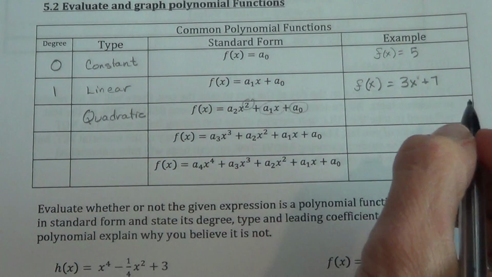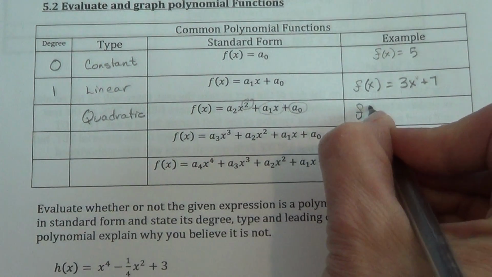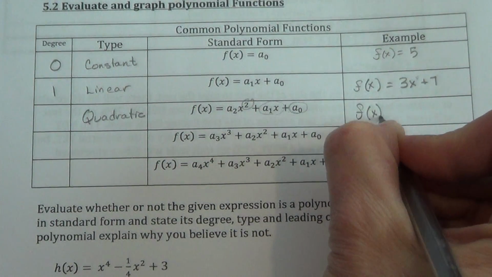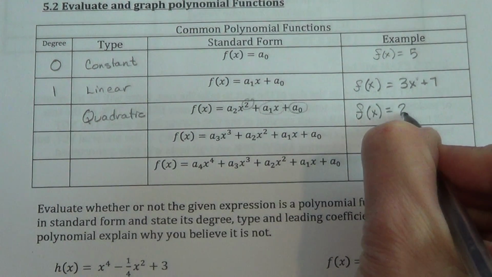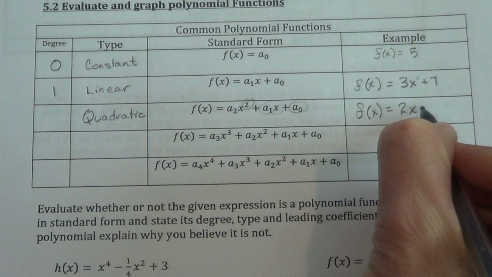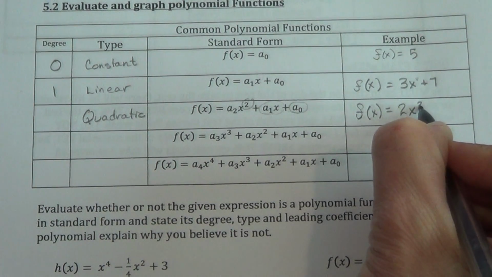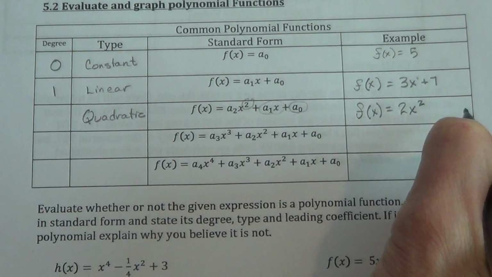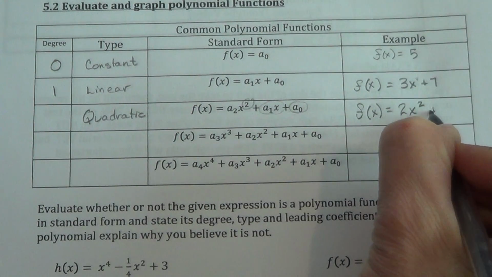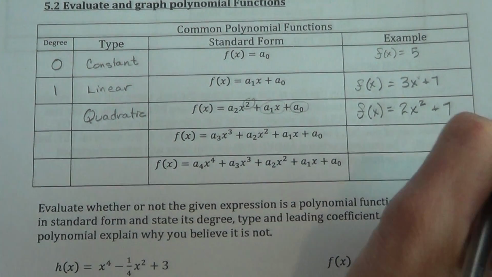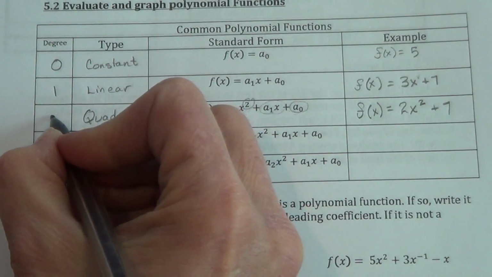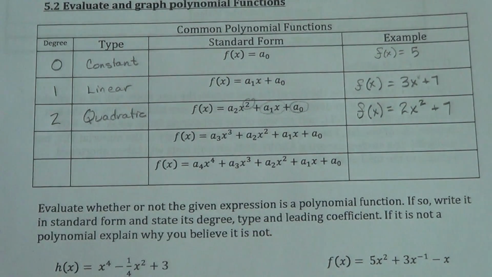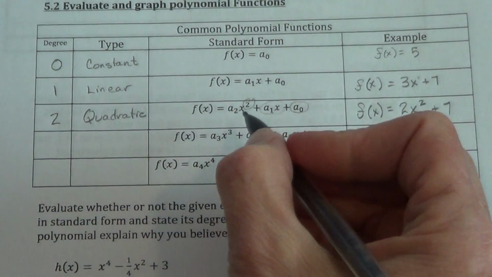All it needs is this leading coefficient with a variable to the second degree. That's what makes it a quadratic. And then you could even just skip down and have a constant attached to it, or you could just have it by itself. It's still a quadratic. The degree is 2. Going on down the table, you can see the pattern.